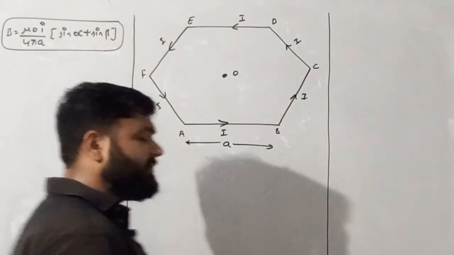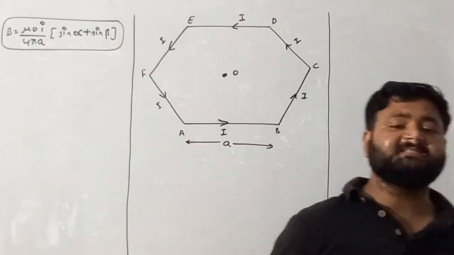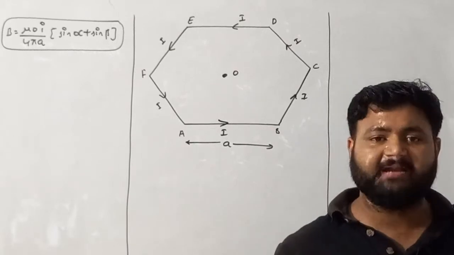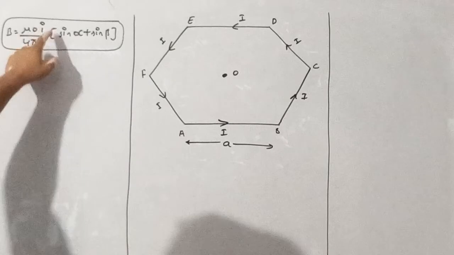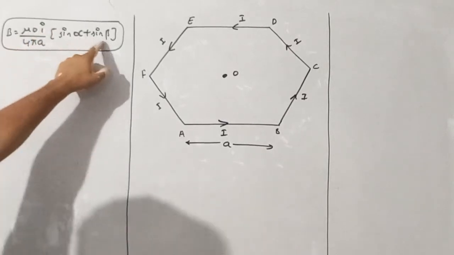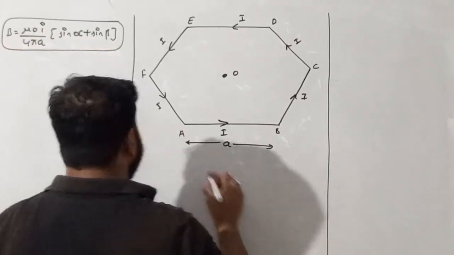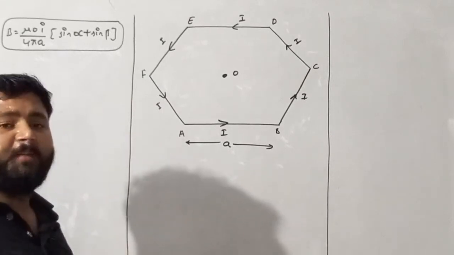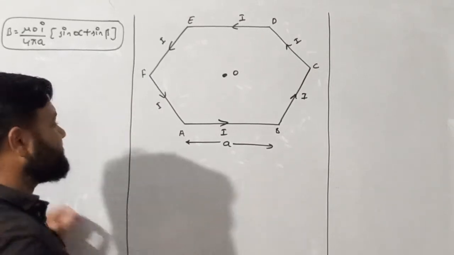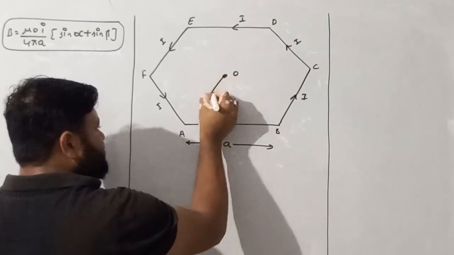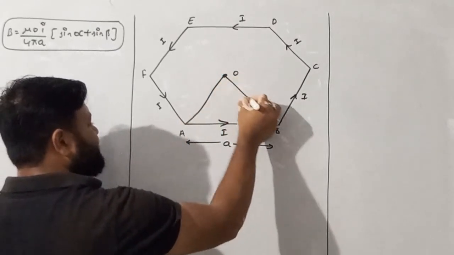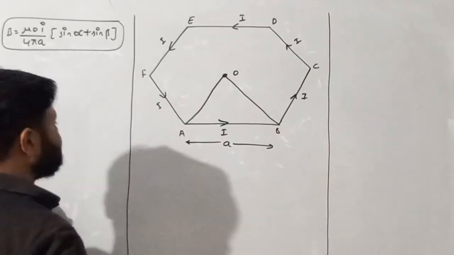If the length of the wire is given, then the wire is considered a finite length wire, and the magnetic field due to a finite length wire is mu naught I upon 4 pi A times sine alpha plus sine beta. Alpha and beta are the angles by which we see the ends of the wire. So let us take this side of the wire. This is basically both ends of the wire.